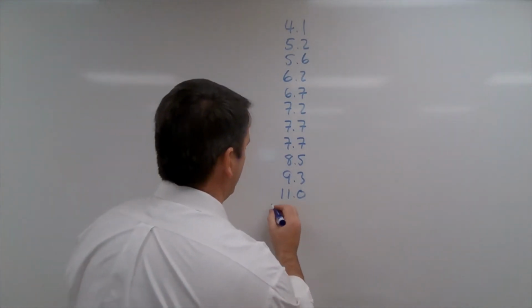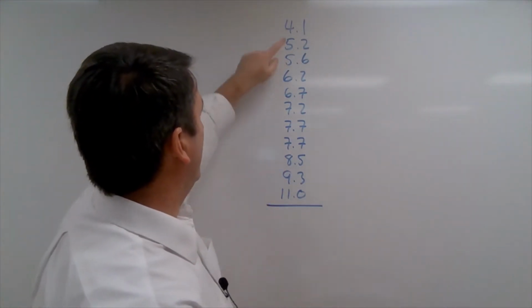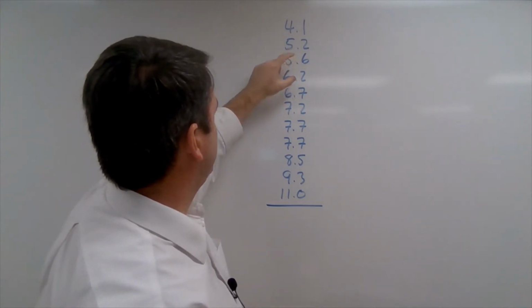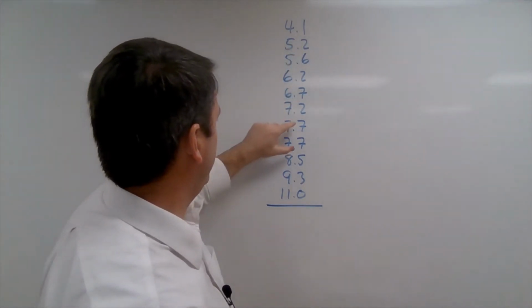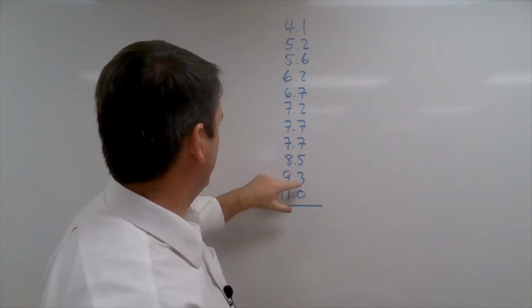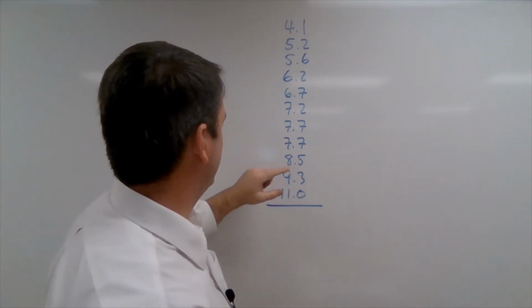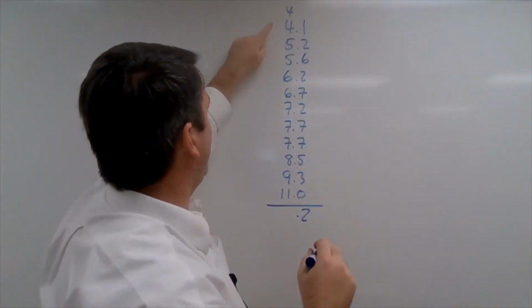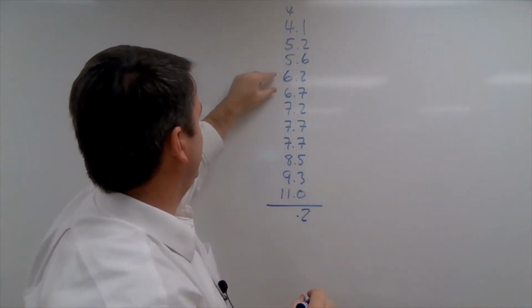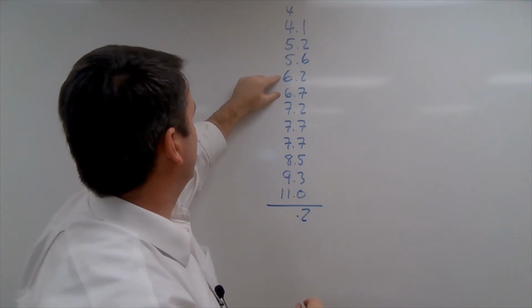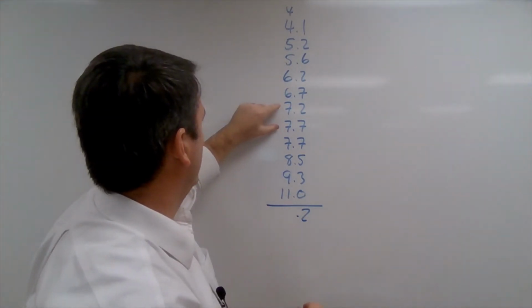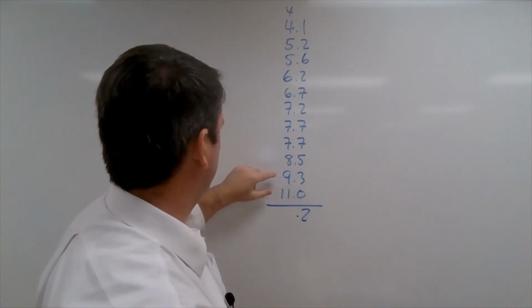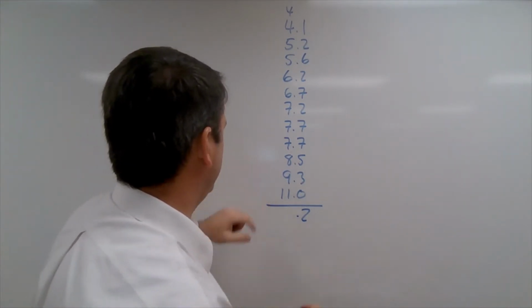So if we add up all of these numbers, 1, 2, 3, 10, 18, 20, 34, 35, 36, 37, 42, then 8, 18, 30, 44, 59, 79.